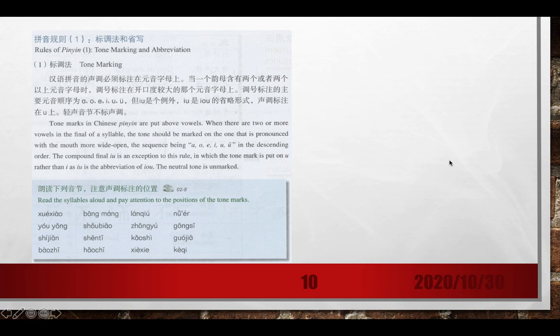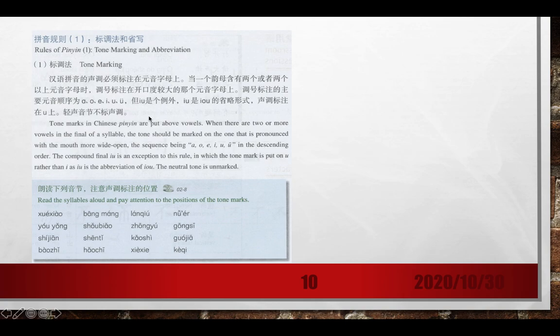Please pay attention. Sometimes we abbreviate the tone mark. We talked about this last time, so please read it again and look at these examples in this small table. After understanding this rule, sometimes we don't put any tone on some syllables, on some pinyin.